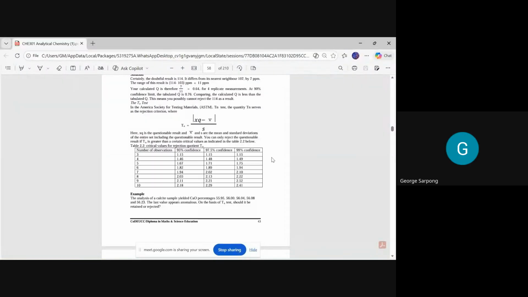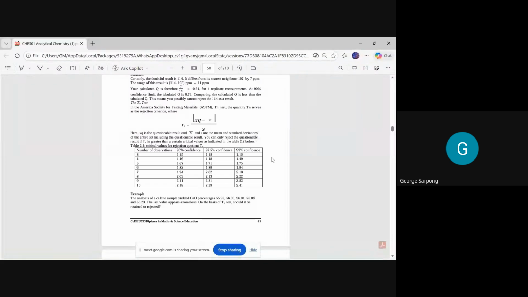In the American Society for Testing Materials, that is ASTM, the quality TN serves as the rejection criterion. Here, XQ is the questionable result, and X bar and S are the mean and standard deviation of the entire set, including the questionable result.